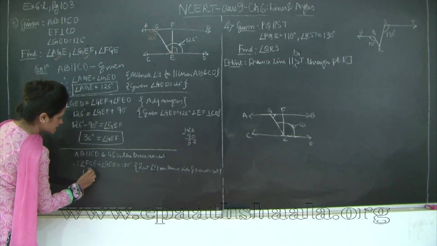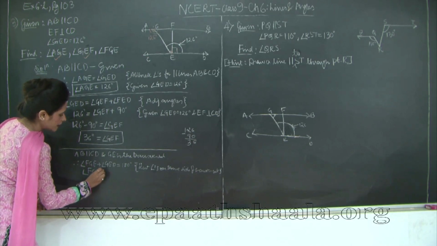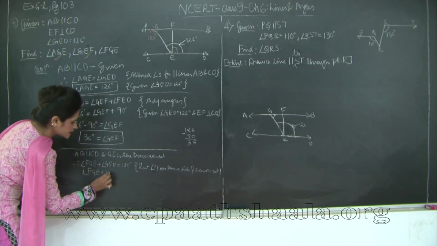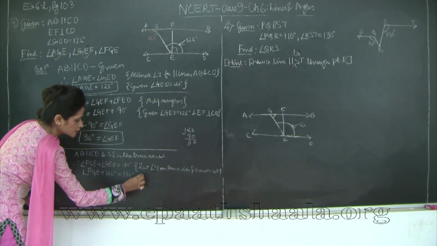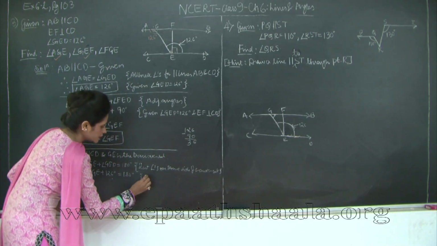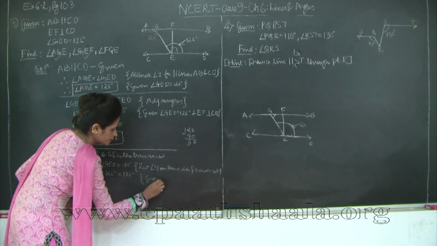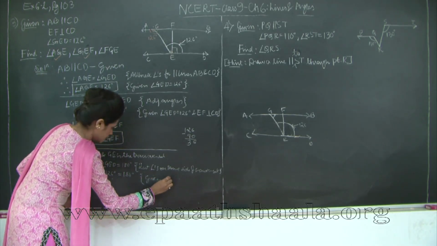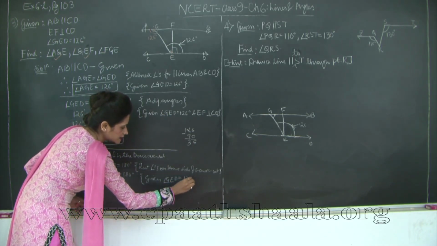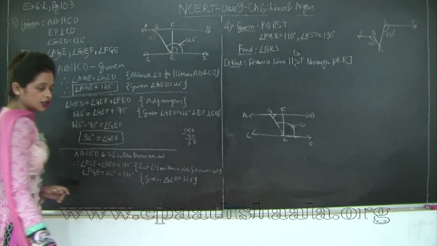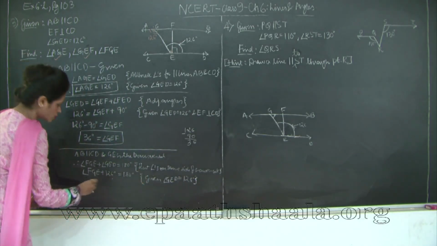I leave it as it is, plus GED is 126 degrees. This is equal to 180 degrees. So this is from given that angle GED is equal to 126 degrees. Correct? So let's take 126 on my right hand side.